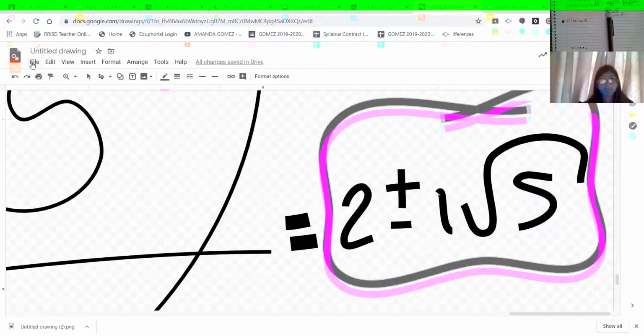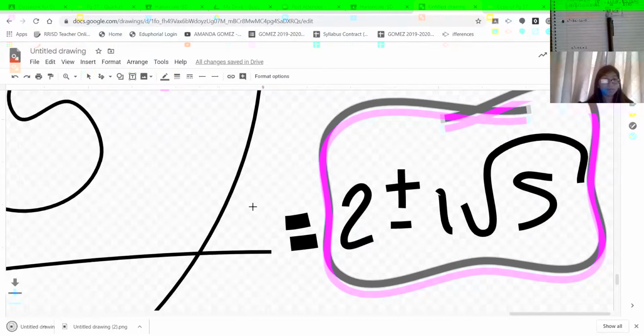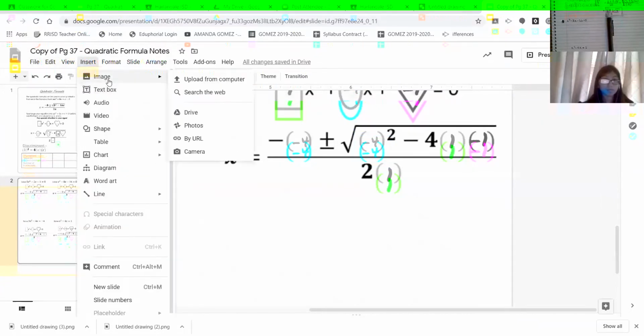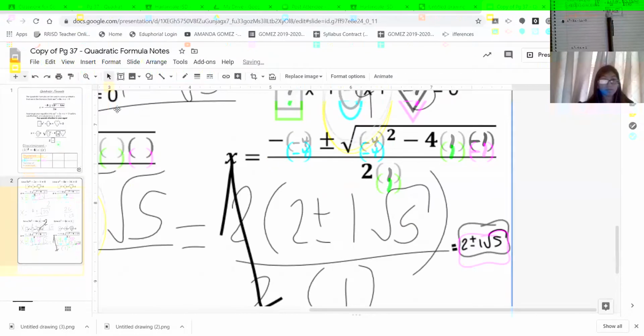Now, I'm going to go ahead and save this real quick. I'm going to download it as a PNG, just so that I can literally paste it onto these notes here, so that you guys can see it. So I'm going to go to Insert and Upload. There we go.